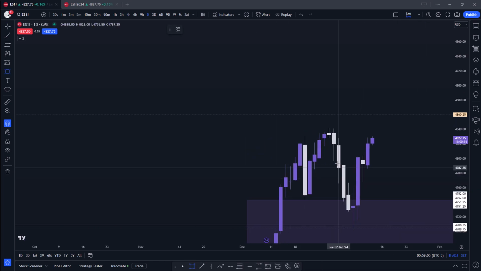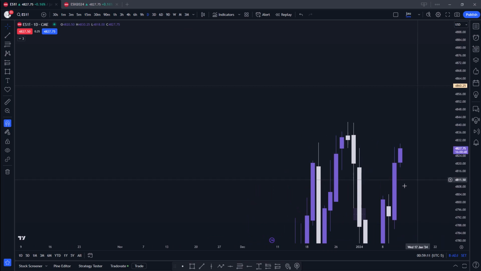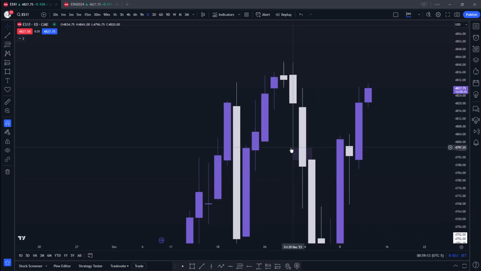Well, firstly, we have this fair value gap here in the form of a sell side imbalance, the space between this candlestick's low and this candlestick's high. Pulling it out in time, noticing here on Monday we actually closed above it. So at this point I was looking to see if price could use this area as support for higher prices.